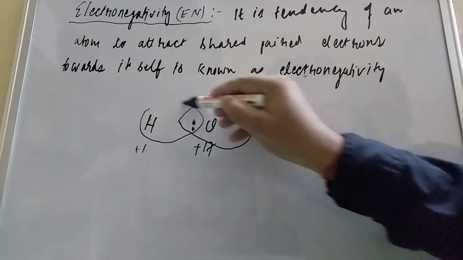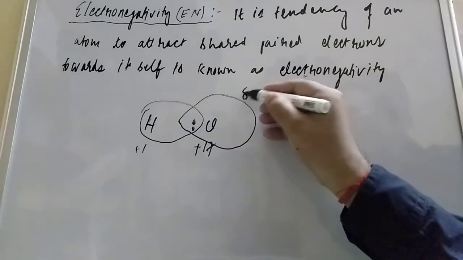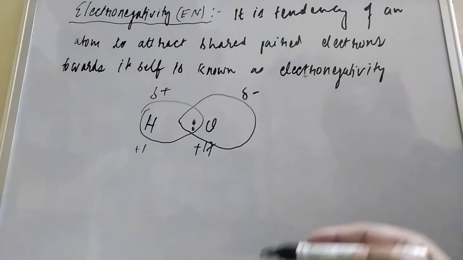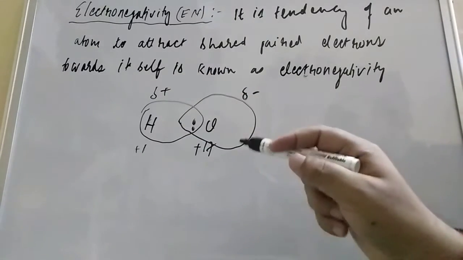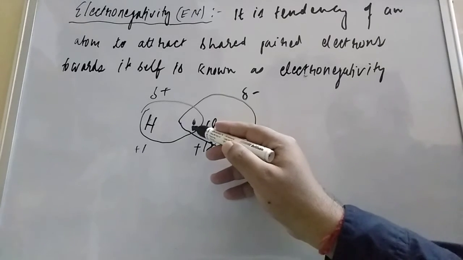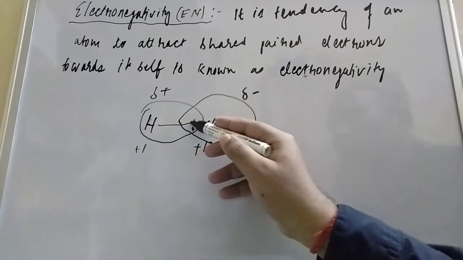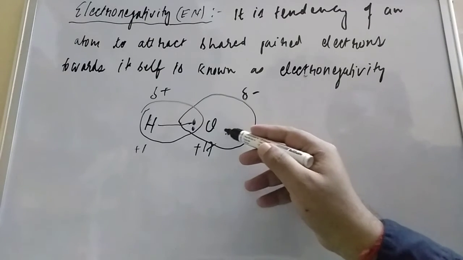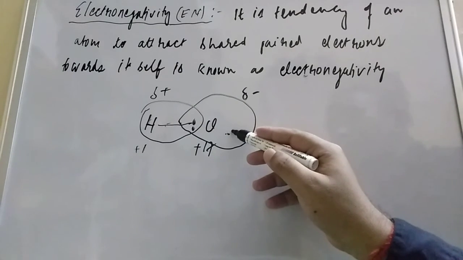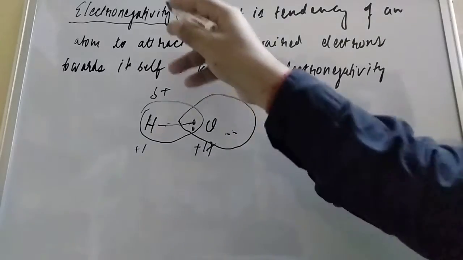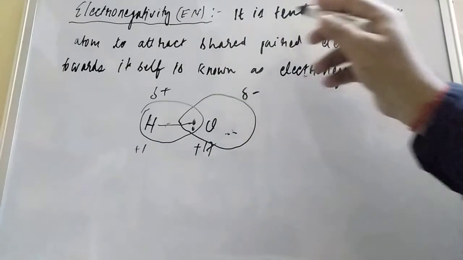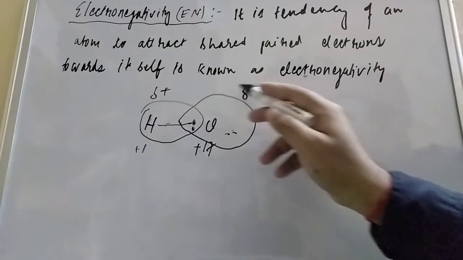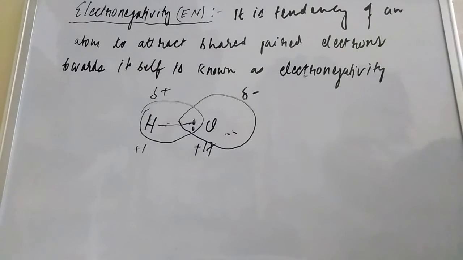Hydrogen atom has the least electron density, so it acquires a partial positive charge and chlorine a partial negative charge. The shared pair of electrons in the covalent bond is attracted towards the electronegative atom, and this tendency is known as electronegativity. So it is the tendency of an atom to attract shared paired electrons towards itself.